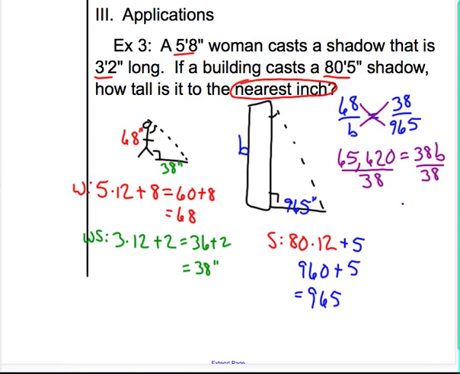And we get an approximate height for the building of 1,727 inches. So when I divide it, I got 1,726.84, etc. So I just rounded to the nearest inch, and we'll label our answer with inches. So just as a reminder, and sorry, I should have done this first, this unit right here, the 5 with 1 slash is for feet, and the 2 slashes mean inches.